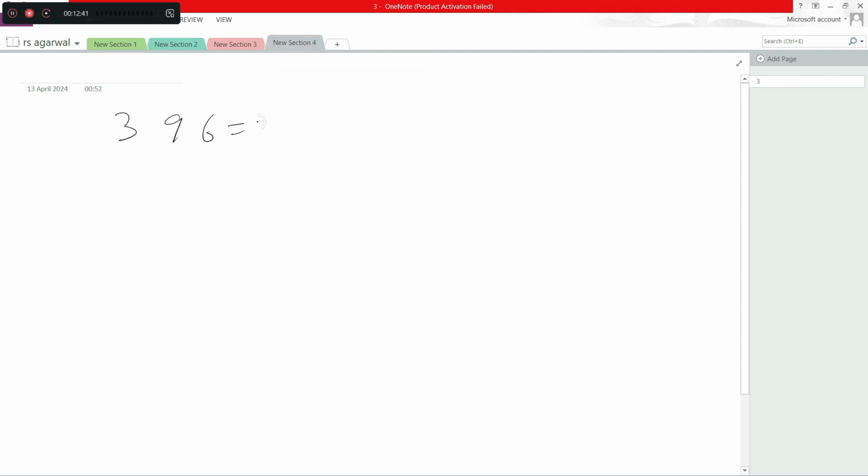So 396 is equal to 2 square into 3 square into 11. After that, 1080 equals 2 cube into 3 cube into 5.